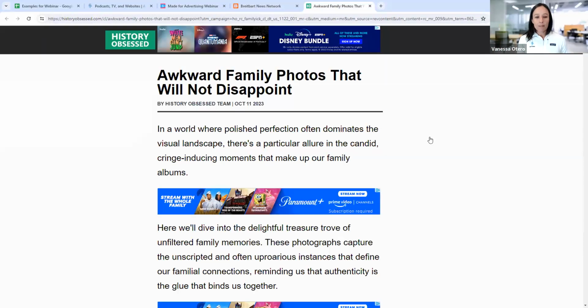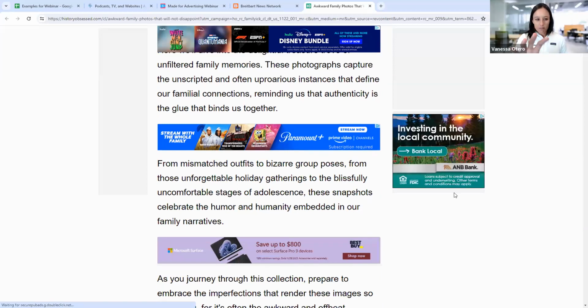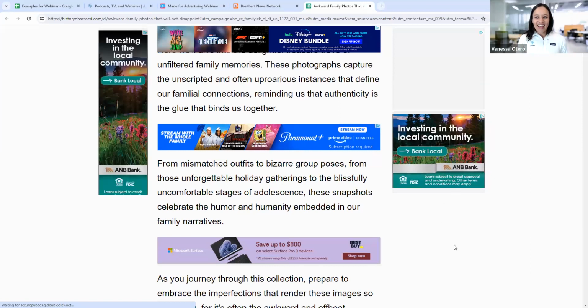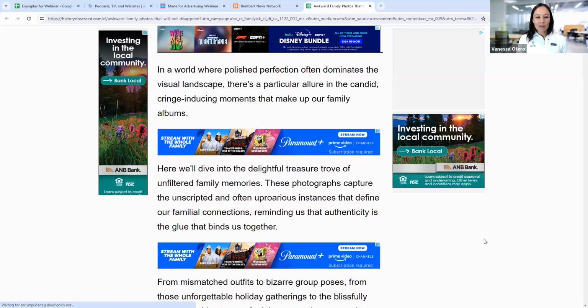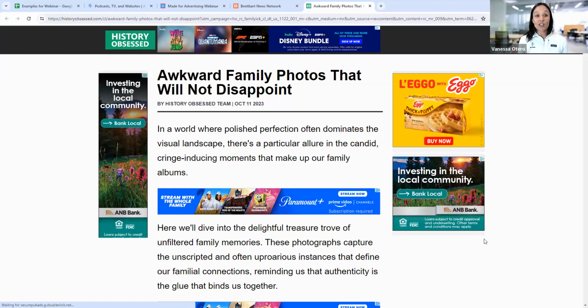And this is sort of a classic made for advertising site. I'm going to point out a couple of features of this particular site here, but I'm going to go through a lot more details. And you probably can't hear it in the background, but my computer fan is starting to spin and make a lot of noise because there are a lot of ads being loaded up onto this page right now.